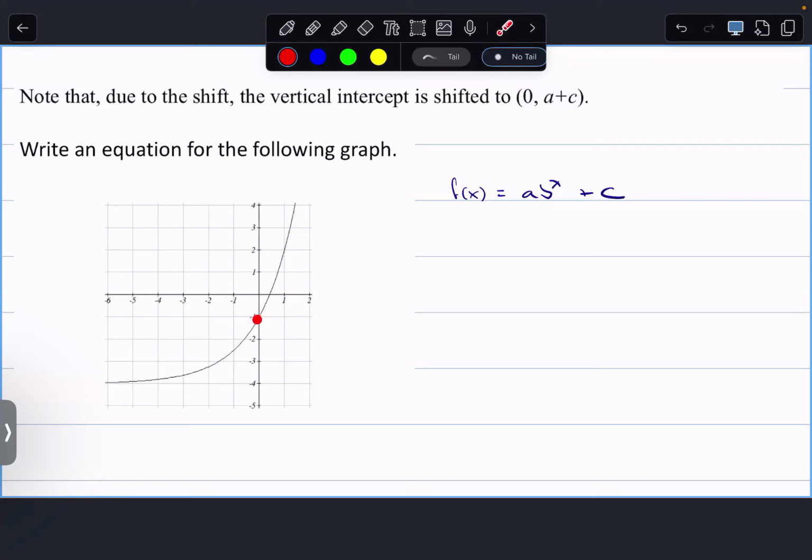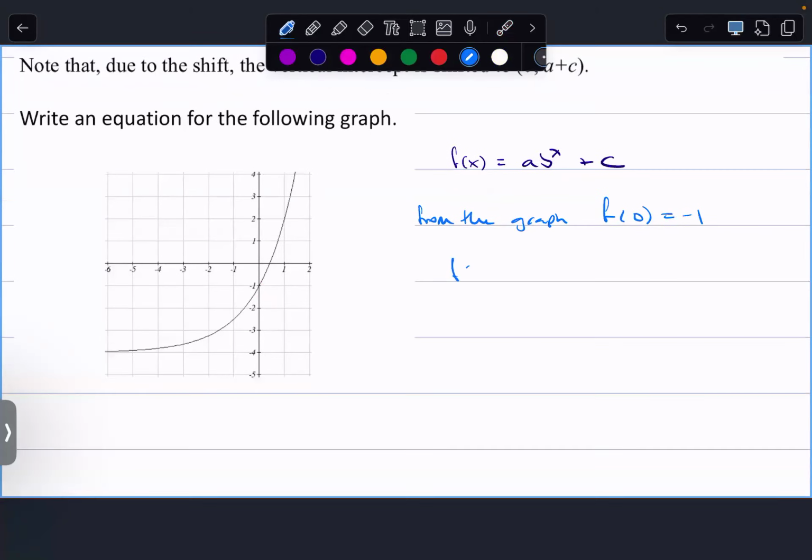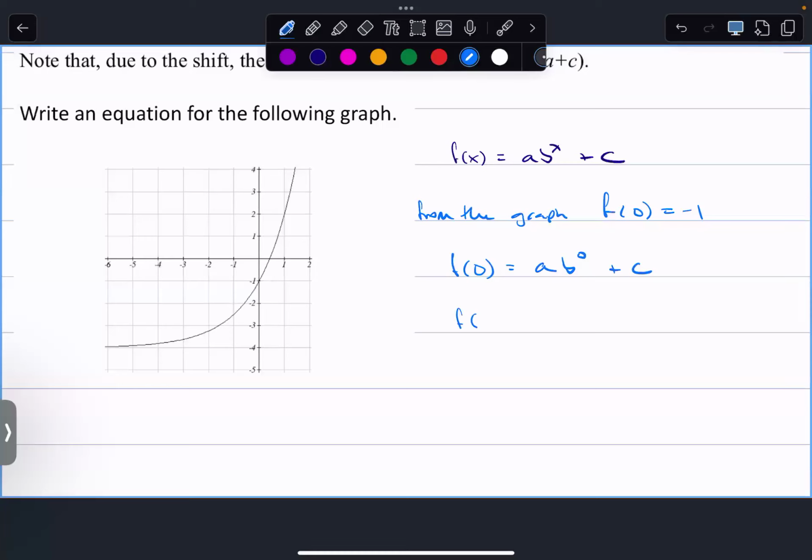I'm going to use x equals 0, and I know that it becomes -1 because I can see that it passes through -1. And so we see from the graph, f of 0 is -1, which means that f of 0 is a times b to the power of 0 plus c. And so f of 0 is a times 1 plus c, so a plus c.